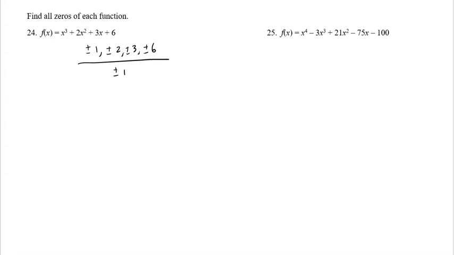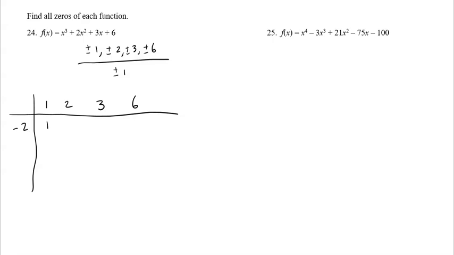And these become numbers that we test in synthetic division. Okay, so what I'm after here is to try to find the number out of this list that makes a zero remainder when I divide. And I'll try to save you a little bit of time. The one that makes a zero remainder out of this list is going to be -2.